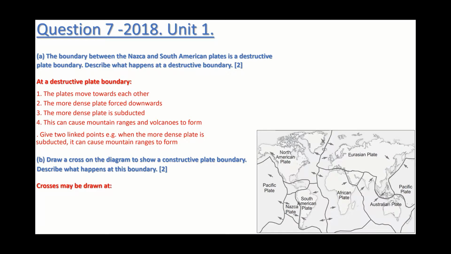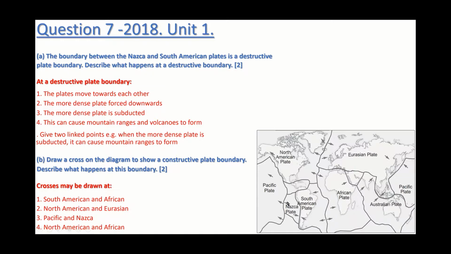So I've already mentioned those between the South American and African and North American and Eurasian plates. The other possible answers in this case are those between the Pacific and Nazca and the North American and African plates. You can see these plate boundaries on the diagram by the direction of the arrows, which show you which direction the plates are moving in.